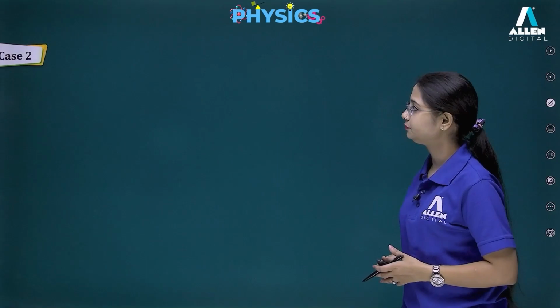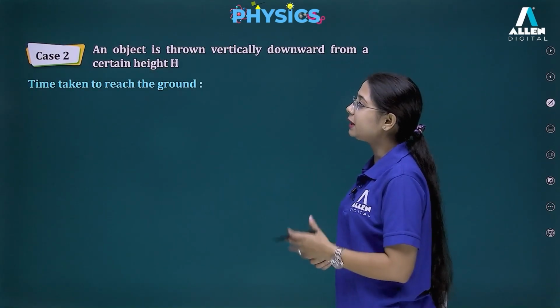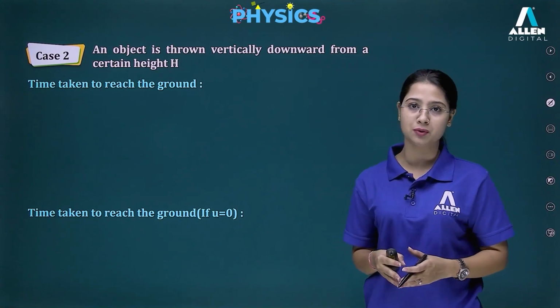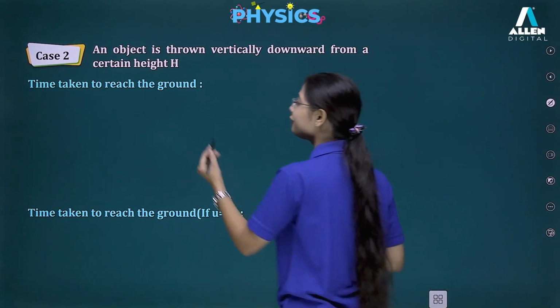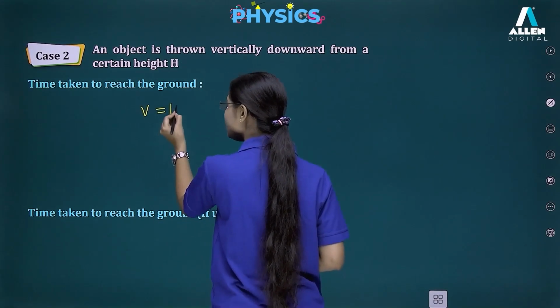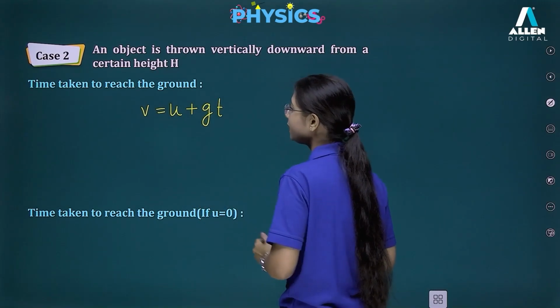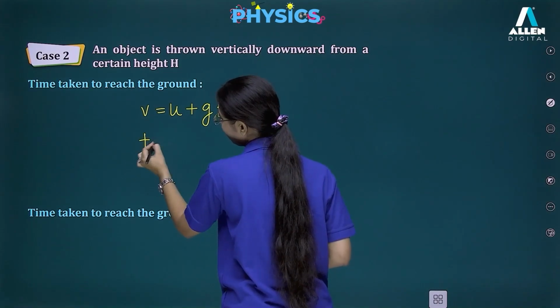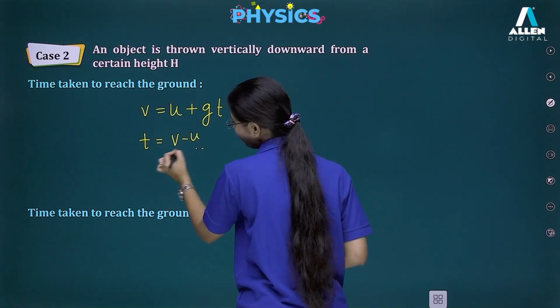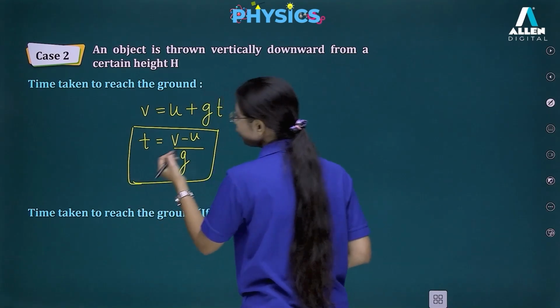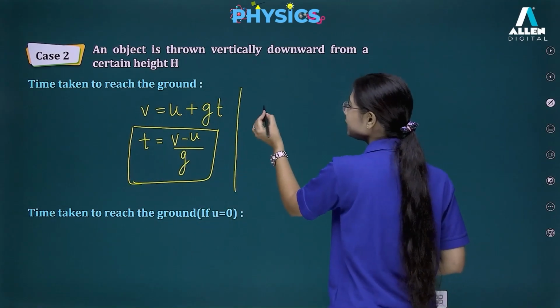Alright. Now, time taken to reach the ground if u is equal to 0. So we can use here first equation, v is equal to u plus gt. Okay. So here time will become v minus u upon g. This is the formula of time. From second equation also you can find out the time.